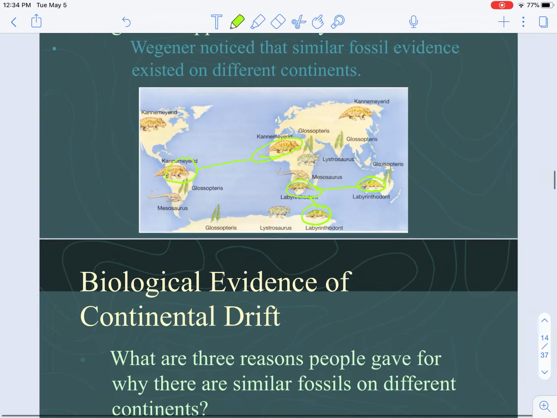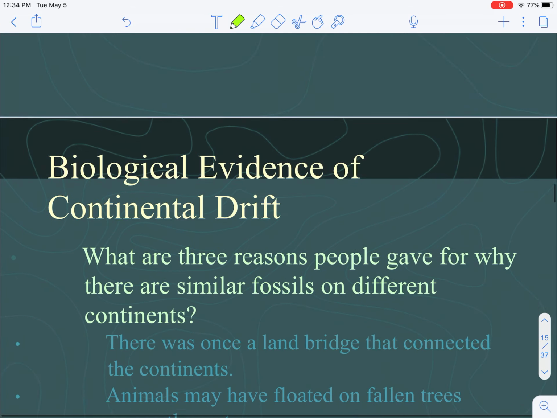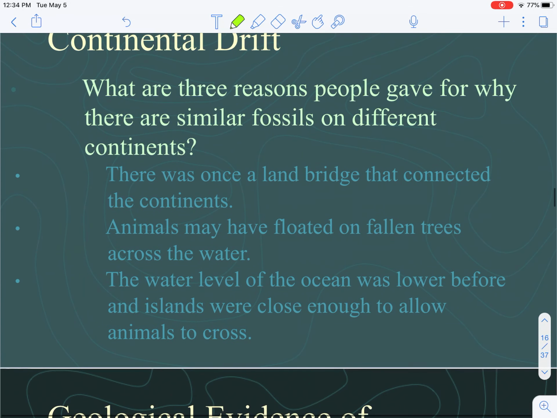And so they feel like this is really great evidence that those used to be connected, as you can see in the fossil evidence.